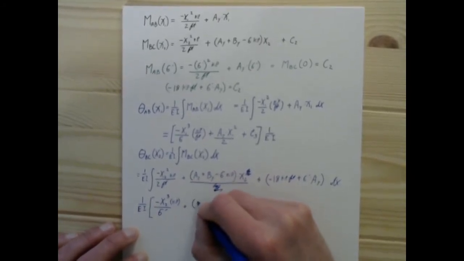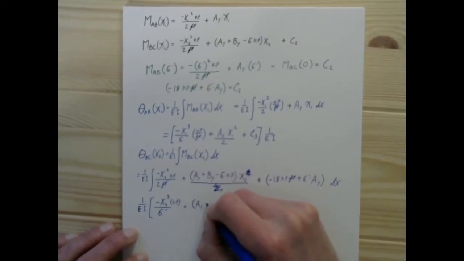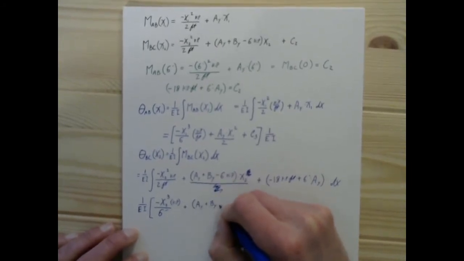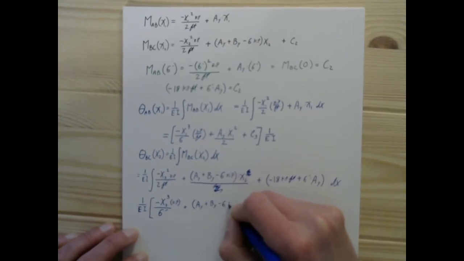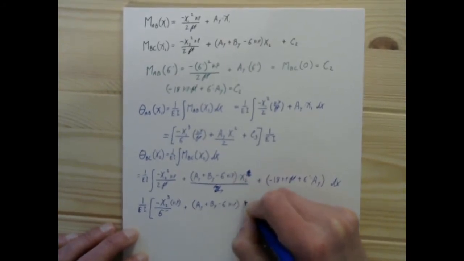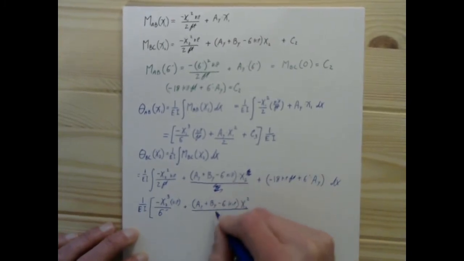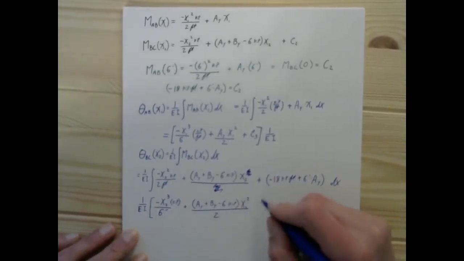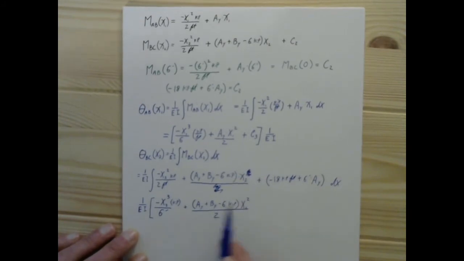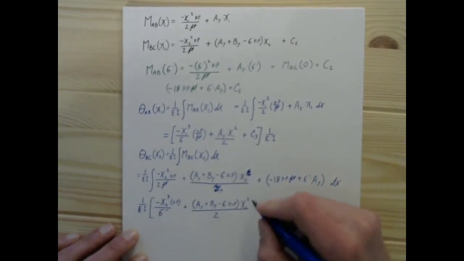Plus AY plus BY minus 6 kips times x2 squared, divided by 2. Trying to keep the polynomial descending.